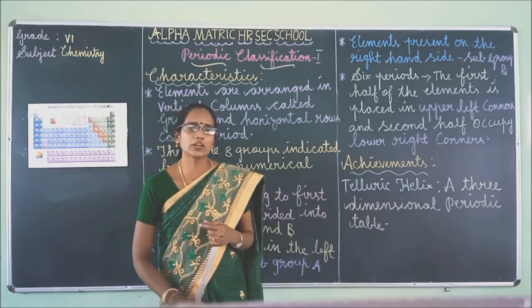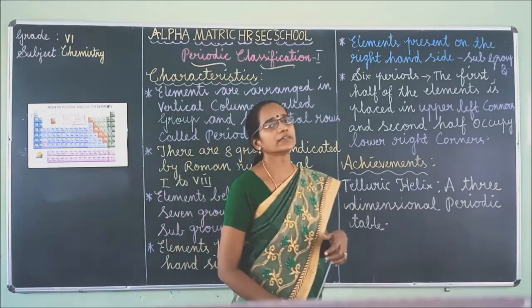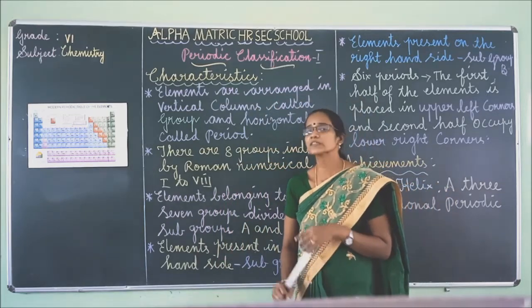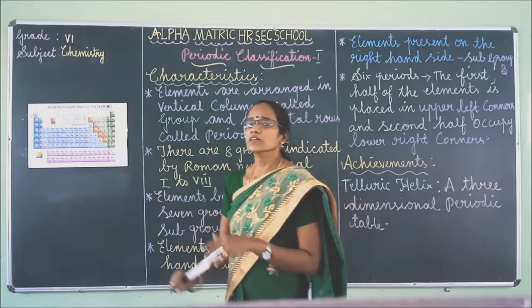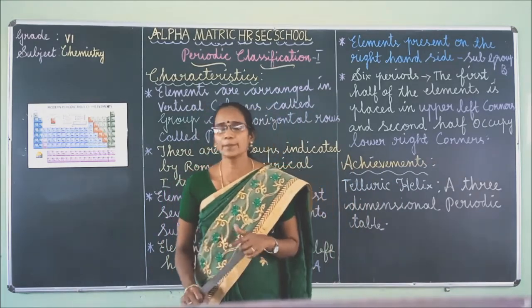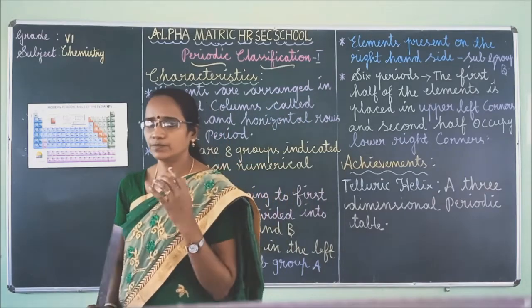So the modern periodic table is a tabular arrangement of elements in rows and columns. It shows the general properties of the elements. This is the modern periodic table, right?